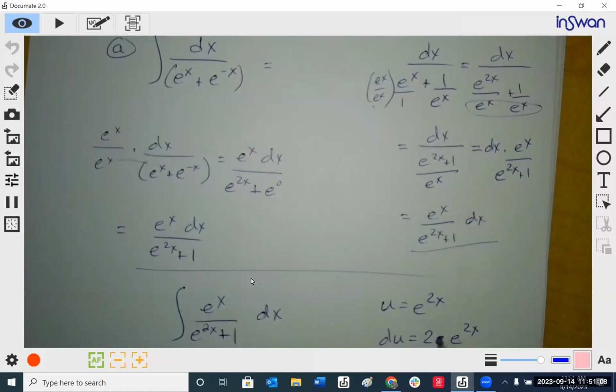Oh no, 2 times e to the power 2x, right? E to the power x.